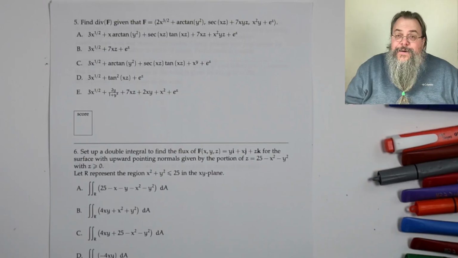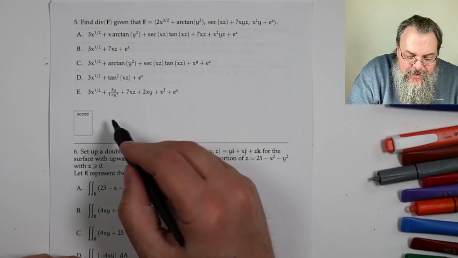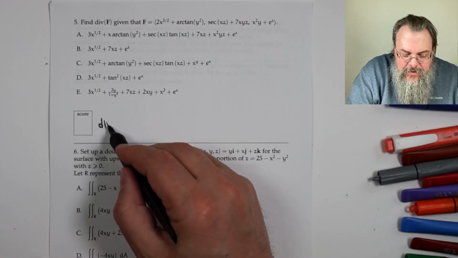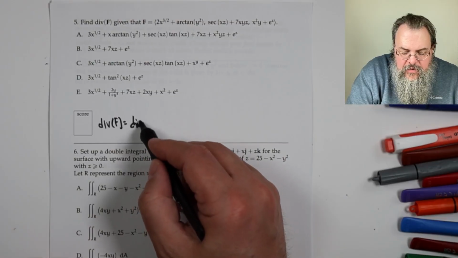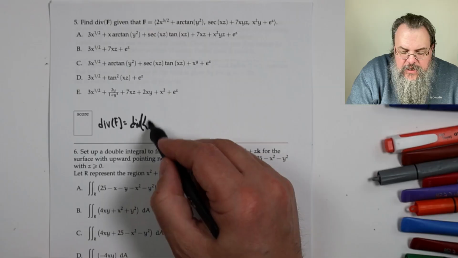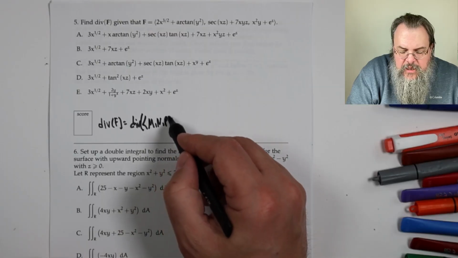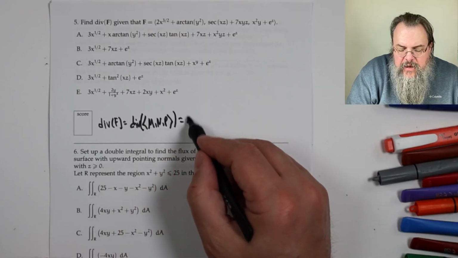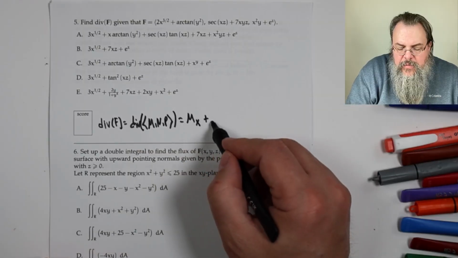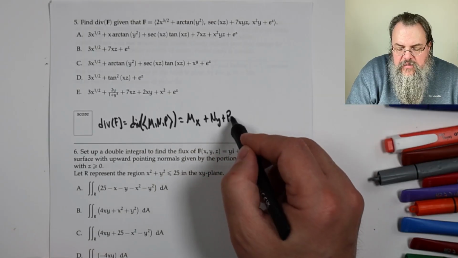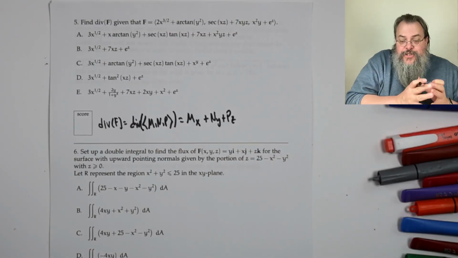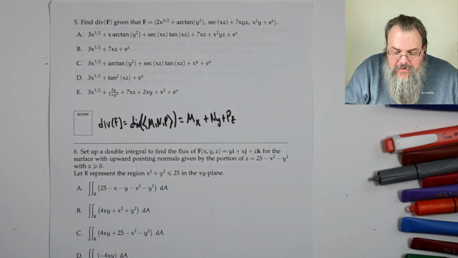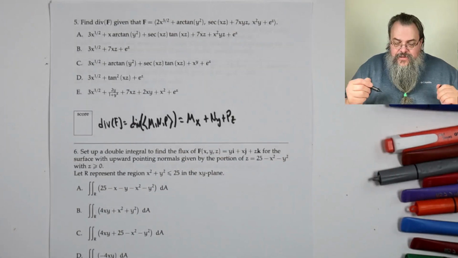And why do I say that? Well, divergence of f, the way you find that is if you think of this as the divergence of a vector-valued function, m n p. That is your m sub x plus n sub y plus p sub z. So it's going to result in a single function, and so there shouldn't be any vectors. And notice there's no vectors here, so that's good.